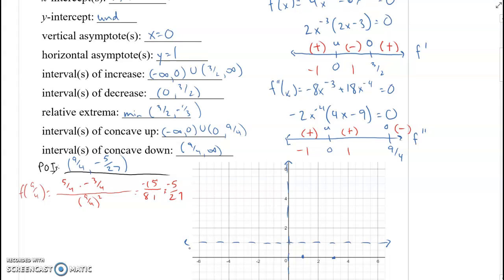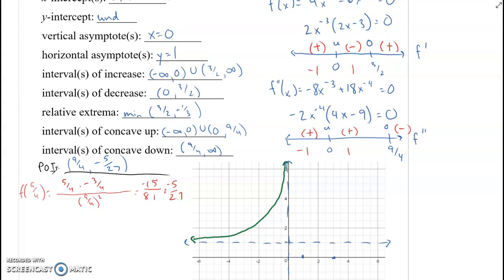We don't really have any information about what's going on the left side of this graph, except for that it's increasing and concave up. And of course, we've got our asymptotes, so that must mean that our graph goes something like this. If you feel like plotting a few extra points to know exactly how close to the intersection it gets, you're welcome to, but this is probably good enough.